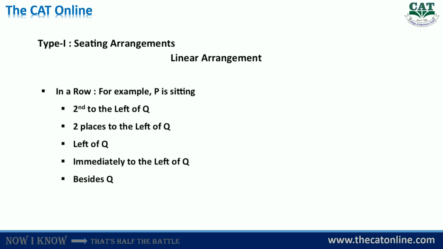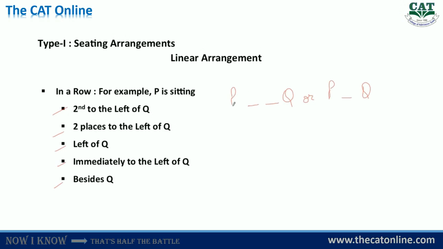Let's understand the few wordings that are being used in question. For example, let me say P is sitting, there are various cases, 1, 2, 3, 4, 5. P is sitting second to the left of Q. So if Q is placed over here, so where will P be sitting? Will it be here or P would be here?